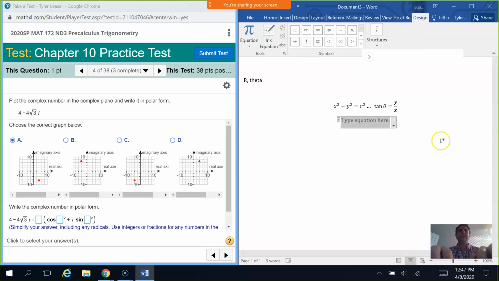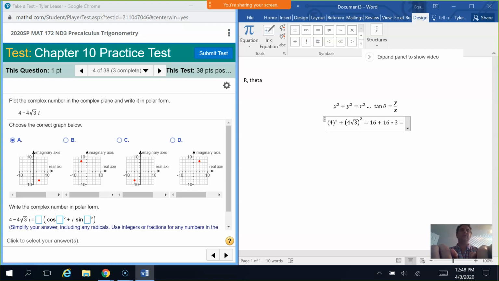So just plugging it in, x squared plus y squared is going to be 4 squared plus 4 root 3 squared. And that is 16 plus 16 times 3, which is a number. 96, that seems too big.